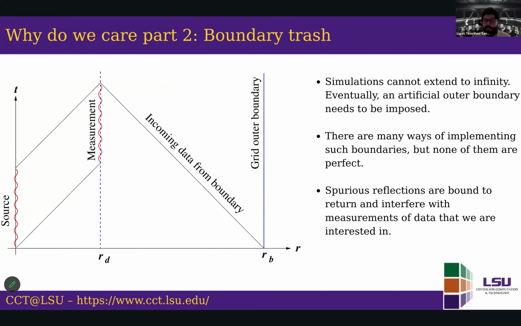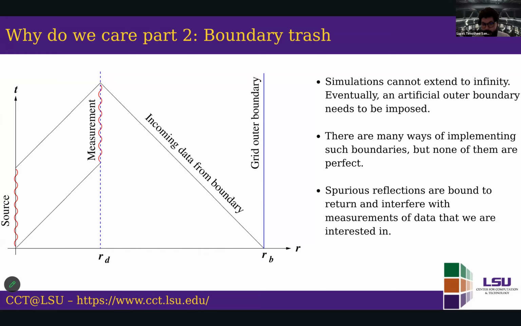Now, of course, there are different techniques to handle that. There are different kinds of boundary conditions you can impose, right? But usually they are like transmitting, absorbing, or dissipating boundary conditions. But none of them are perfect, and they cannot be perfect. And there's always going to be some sort of numerical spurious reflections that come back from that boundary.